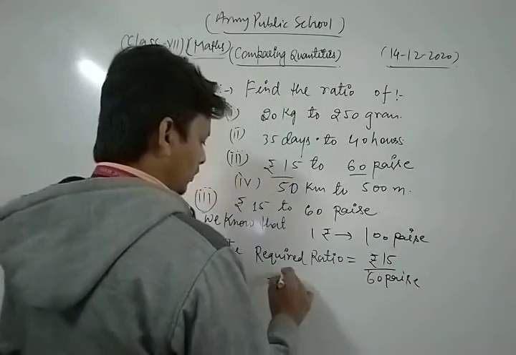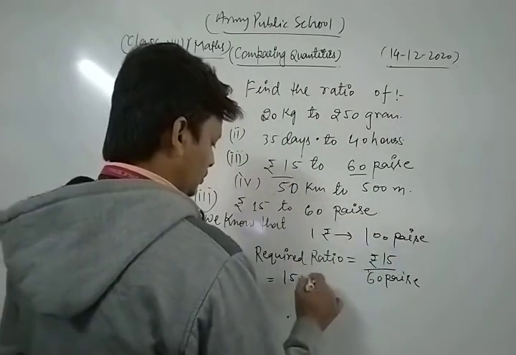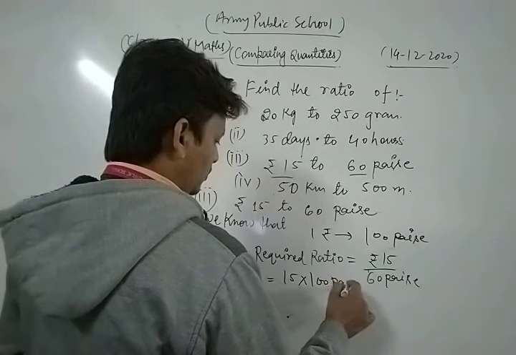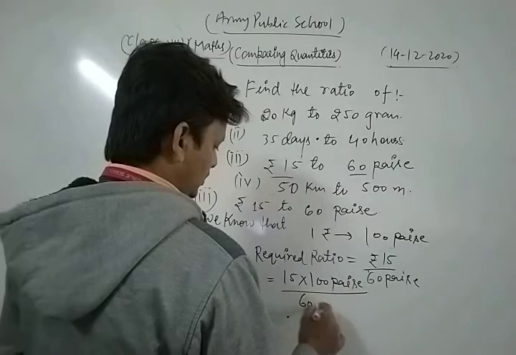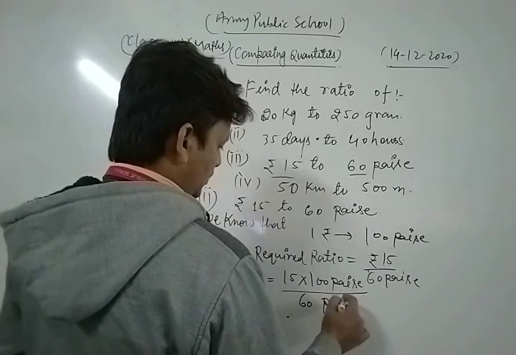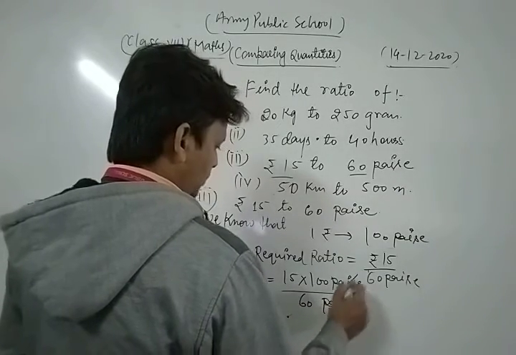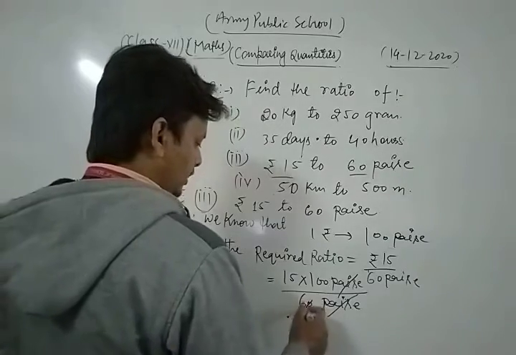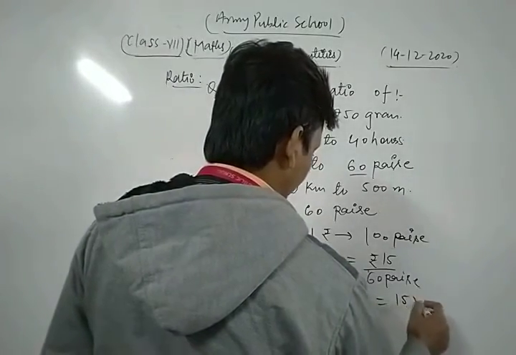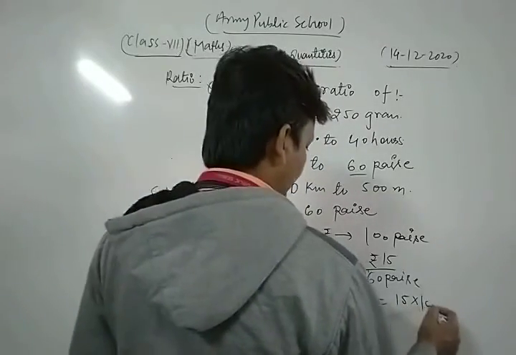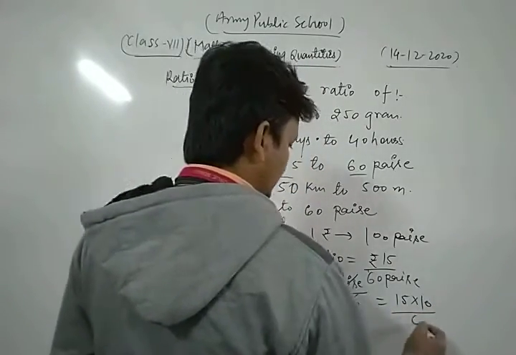For that we write 15 into 100 paise divided by 60 paise. Now paise cancel each other, 0 is also cancelled. So we get 15 into 10 upon 6.